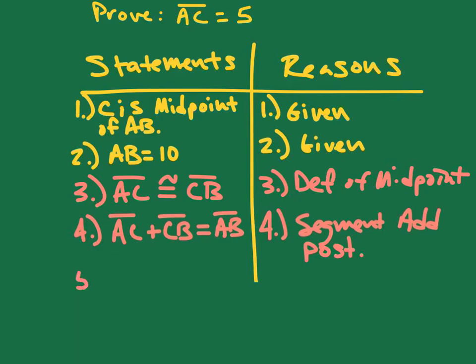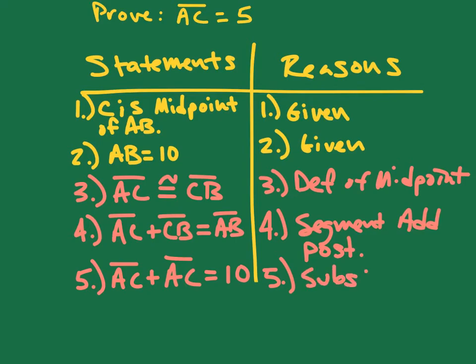In my fifth statement, I'm going to say AC plus AC, because I know that AC is congruent to CB. So because CB exists here, I can insert AC where CB is. The other thing I can do is substitute the value of 10 for AB, so I'm going to write that that's equal to 10. The reason I can do that is substitution.